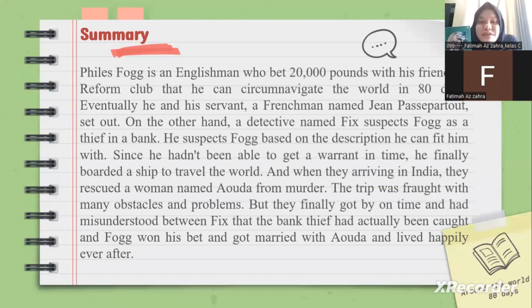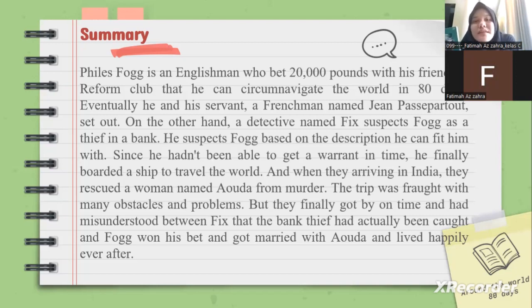Eventually, he and his servant, a Frenchman named Jean Passepartout, set out. On the other hand, a detective named Fix suspects Fogg of being a bank thief, based on a description that fits him. Since he hadn't been able to get a warrant in time, he finally boarded a ship to travel the world.